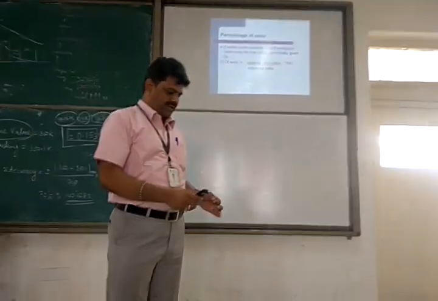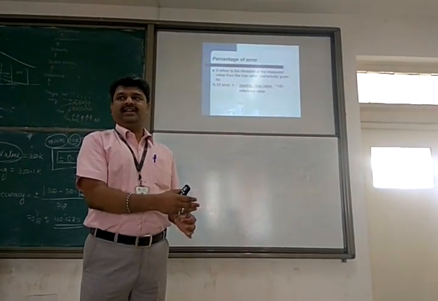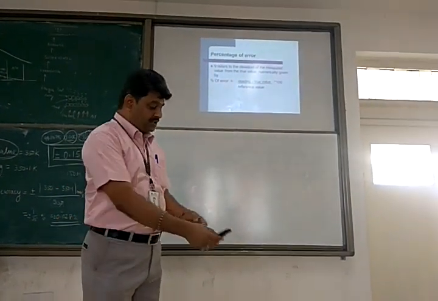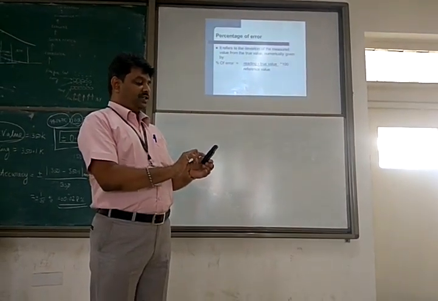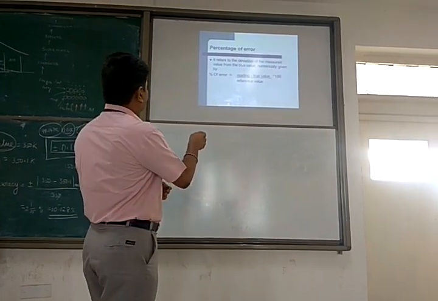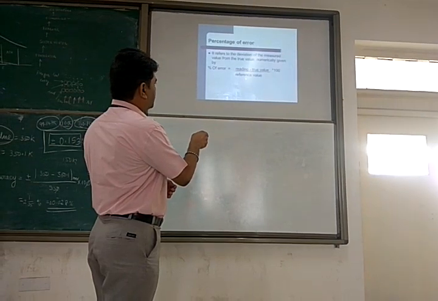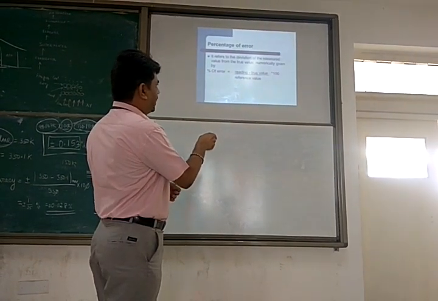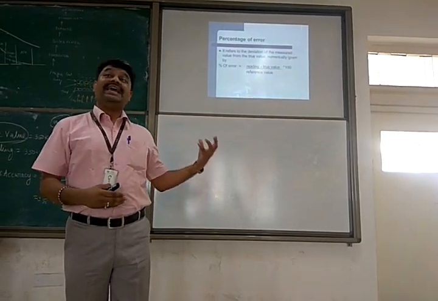I made my first measurement, and I know the actual temperature is, let's say, 150 Kelvin. I used this instrument, and I found the temperature this instrument shows is 149 Kelvin. So 149 to 150, you substitute here, divide by reference value into 100. I'll get some 0.1 or point something as an error, isn't it?